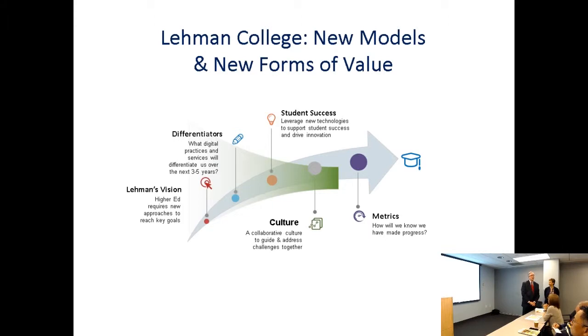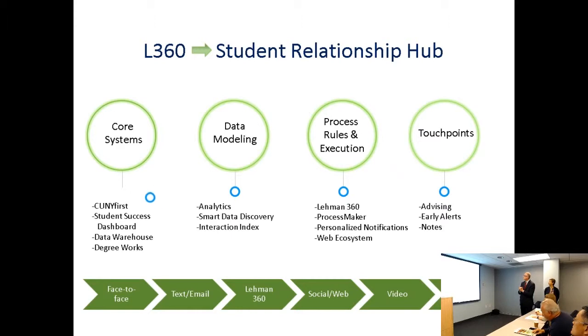How can we make sure that everything is all in one place, easy to access, and serves as a differentiator for Lehman College in terms of creating greater convenience, because we all have so many passwords, we have so many systems, and so how do we bring these together in meaningful ways? So that's really what the first slide speaks to, and I'll ask Eddie to speak to the second slide, and I'm going to sit down.